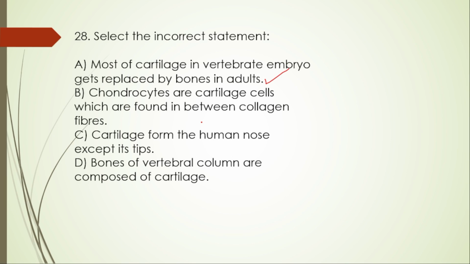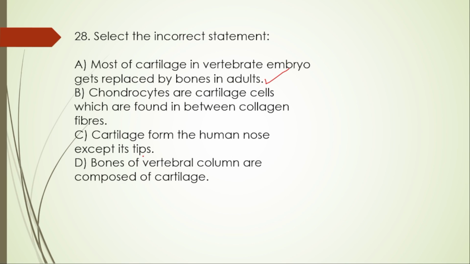And then next C, cartilage forms the human nose except its tip. This is incorrect. Actually, if you see NCERT, it mentioned that cartilage is found in the tip of the nose, not everything except the tip, isn't it? However, comparing this to statement D, statement C is almost wrong.